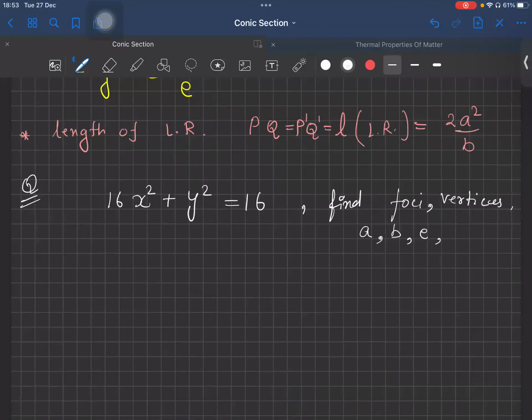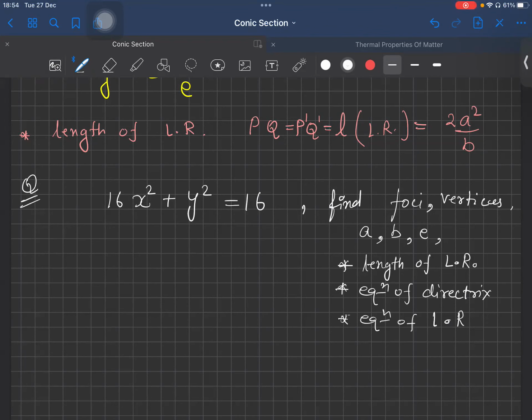Length of latus rectum. Equation of directrix. Equation of latus rectum. Find out.